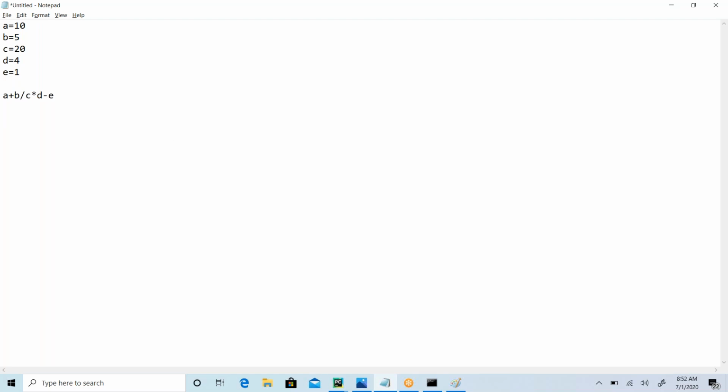What are the values? a plus b is 15, 15 by c, 15 by 20, into d, 15 by 20 into 4 minus 1. What is the output? Tell me what is the output here.